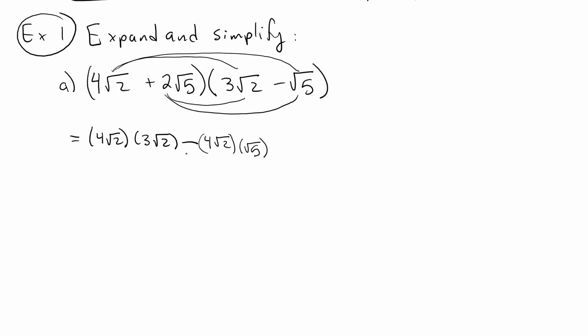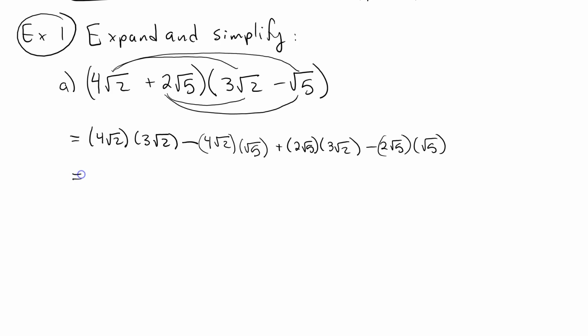Then we get back to the positives, which is nice, plus 2 root 5 times 3 root 2 minus, because of that negative, minus 2 root 5 times root 5.